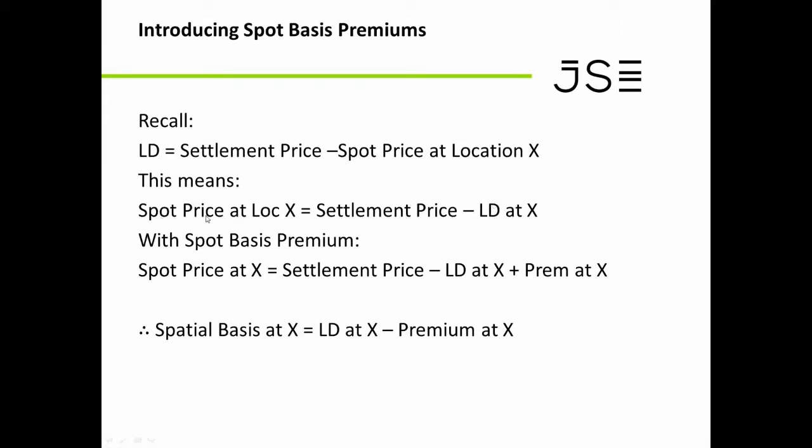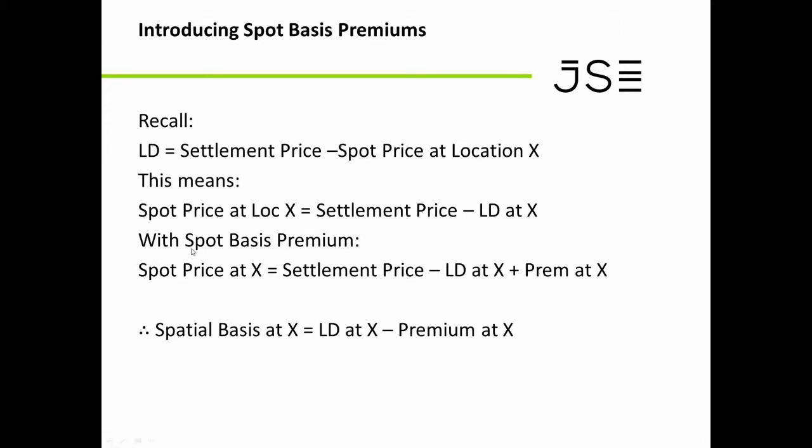So normally this is the formula we use to determine the cash price at location X, because we know the settlement price on the screen at the JSE, and we have published the location differentials for all the registered delivery points, in this case delivery point X. Then we are able to determine the cash price at location X.